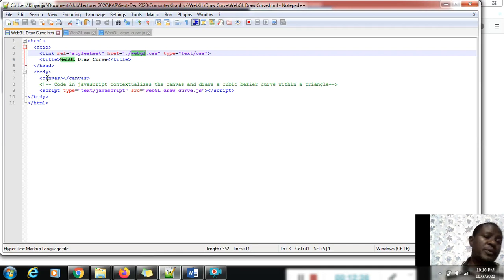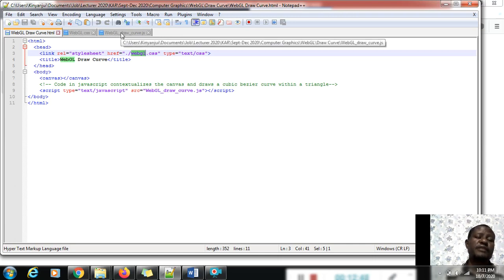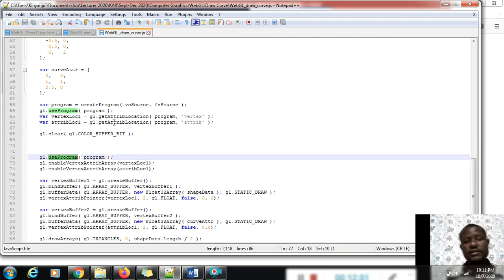And we have also the script, the JavaScript, webgl draw curve.js, which defines the functions that eventually affect the drawing. By calling the WebGL functions, we are able to draw the triangle and the curve.